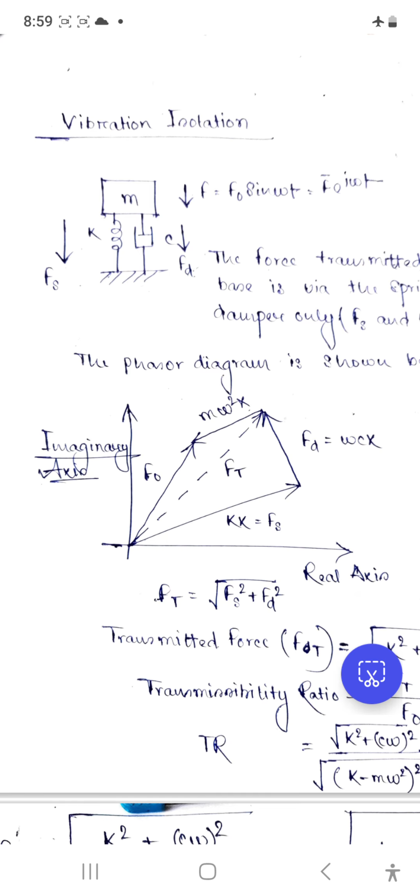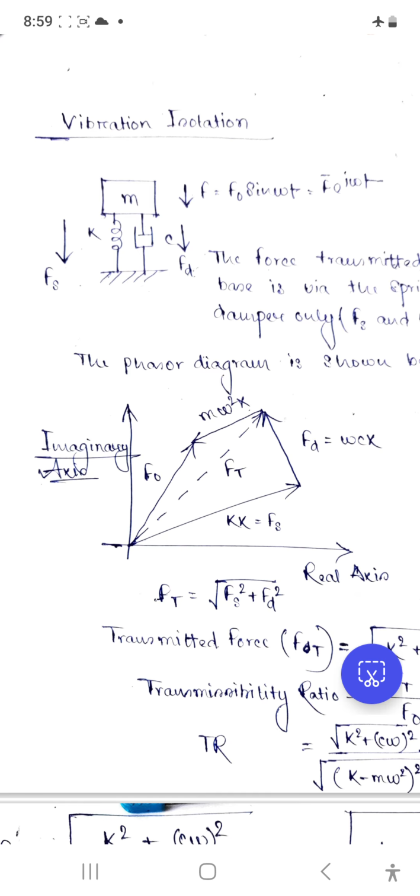The closing side will be the amplitude of the exciting force, because all these forces, the inertia force, spring force and damping force, come into the picture due to this exciting force only. So the closing side, or the summation, will be F0. That is fine.